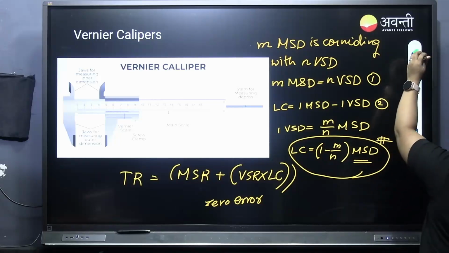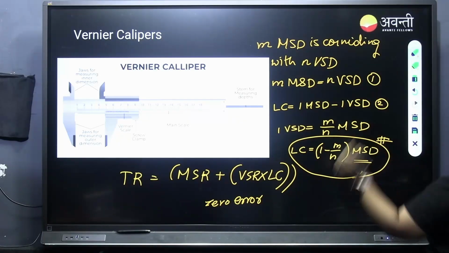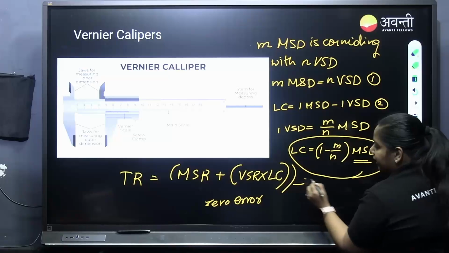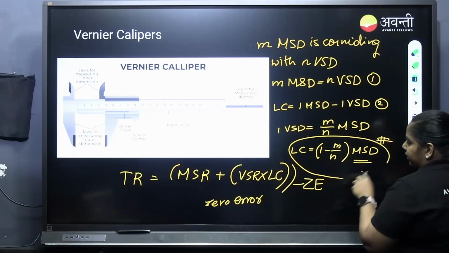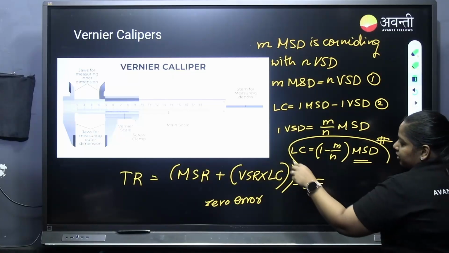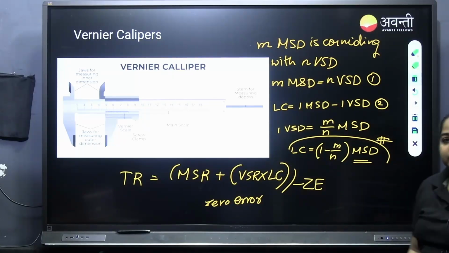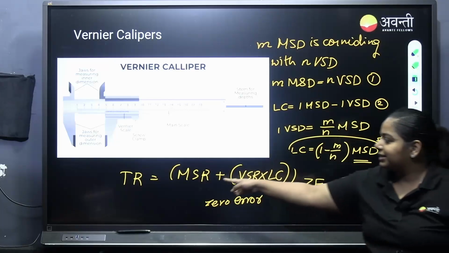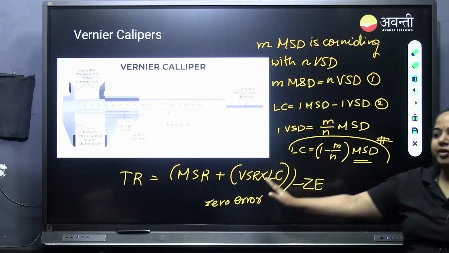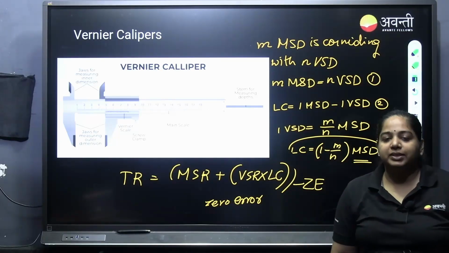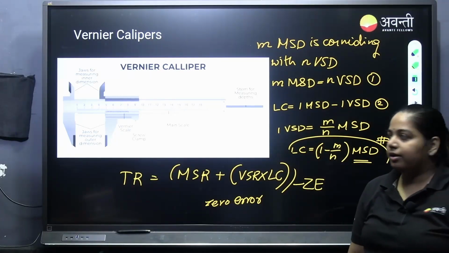If zero error is mentioned, then from this you have to subtract zero error, that's it. That is what I have written there. So main scale reading plus vernier scale reading into LC minus zero error will be our total reading if zero error is present in the question.